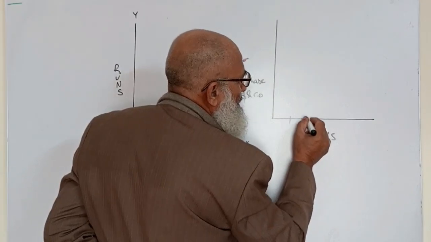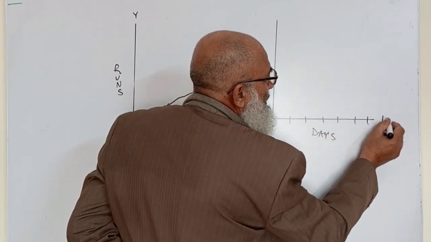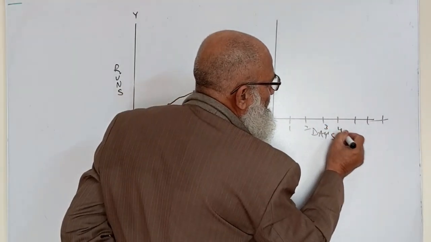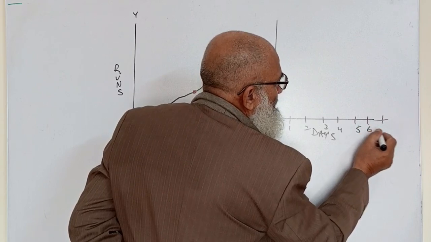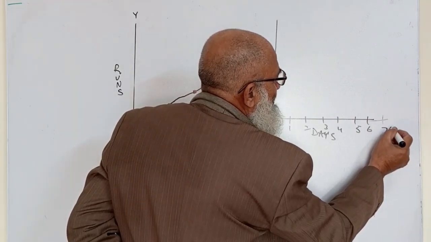If I say 1, 2, 3, 4, 5, 6, 7. 6 working days, and 7 is Sunday.